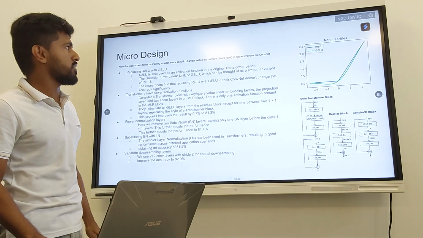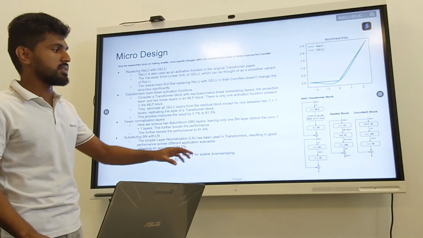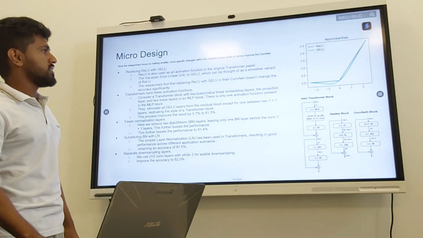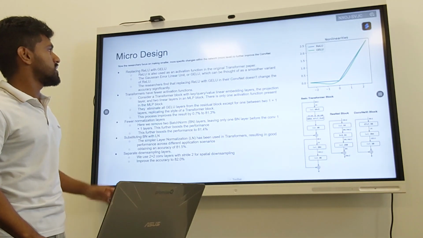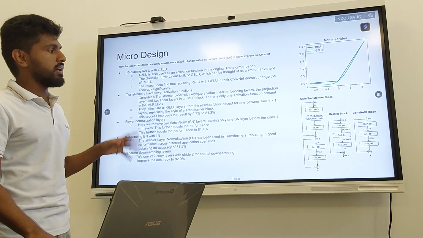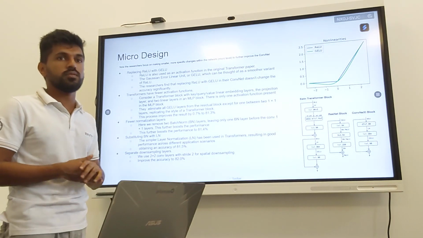In the micro level design, they made some changes inside the ConvNeXt block. They simply inserted the GELU activation instead of the ReLU, but they mentioned that they didn't get any improvement from that.